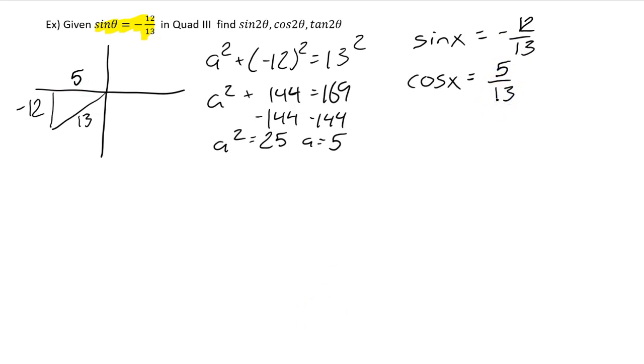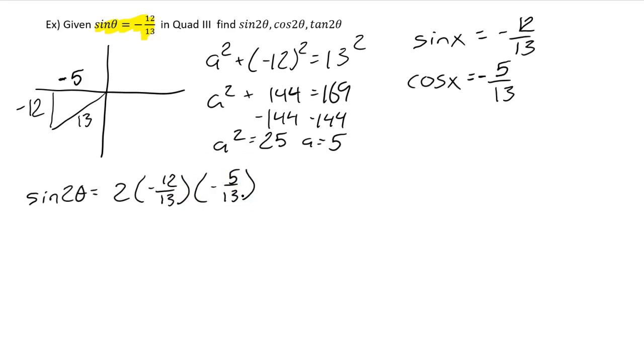Here's the issue. We know we're in quadrant 3. Both sine and cosine will be negative there, so we want to make sure we have a negative 5 over 13. Okay? Should have put that there in the beginning because we're going to the left. So now we can use both of those values to plug in. So I'm going to do sine double angle, where I take 2 times my sine, which is negative 12 over 13, and then multiply it by cosine.